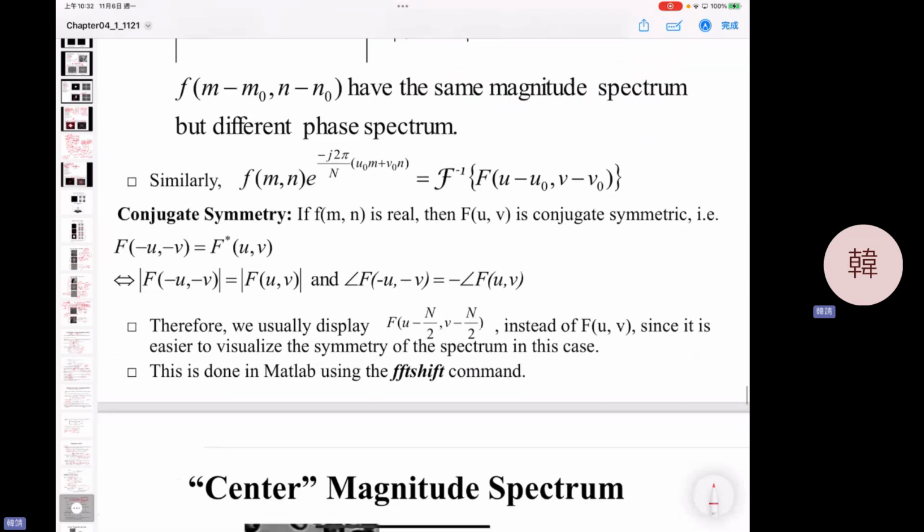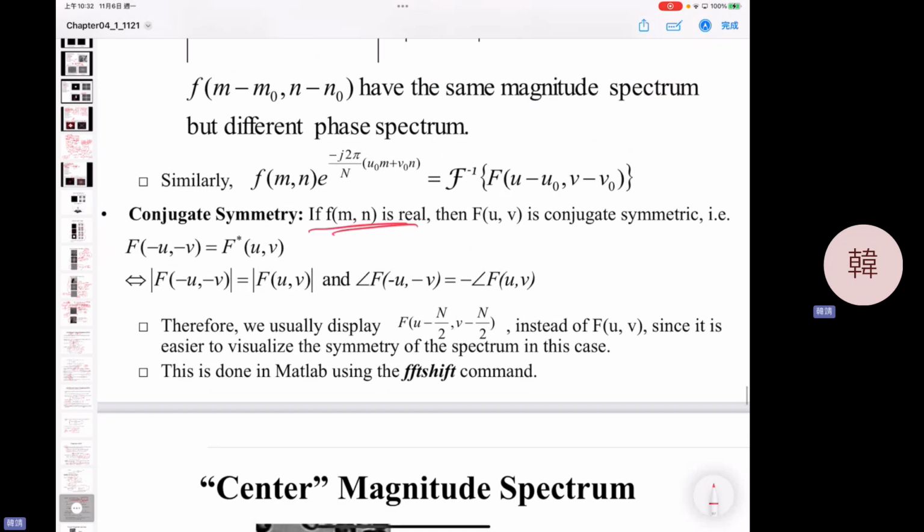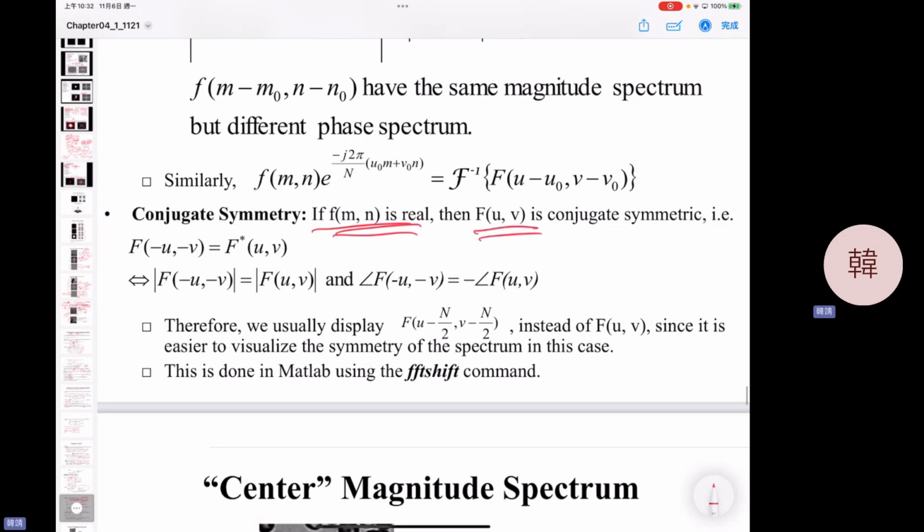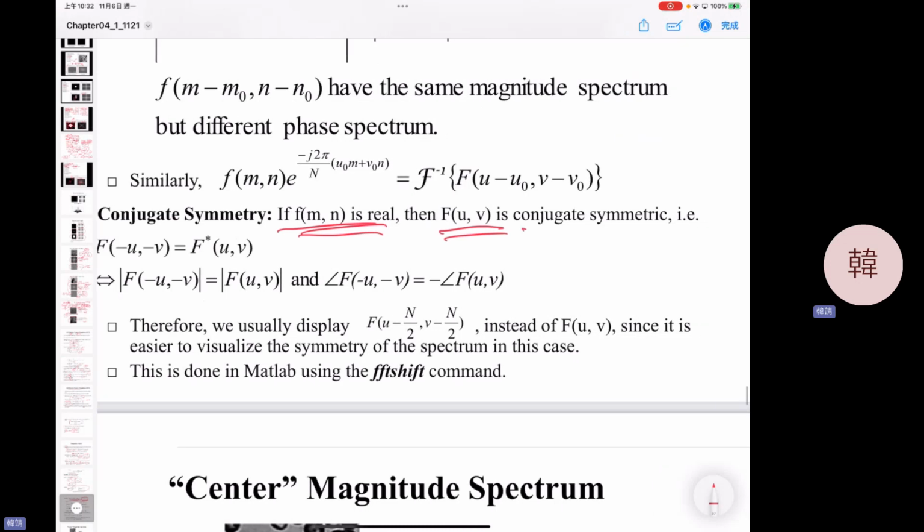And conjugate symmetry: if f(m,n) is a real image, and we always process our image as a real image, then F(u,v), after the discrete Fourier transform, is conjugate symmetric. What is a conjugate?